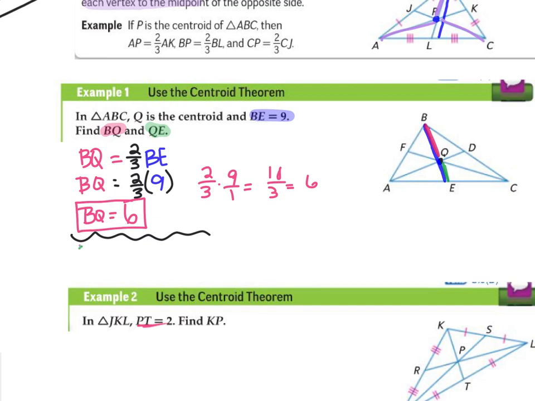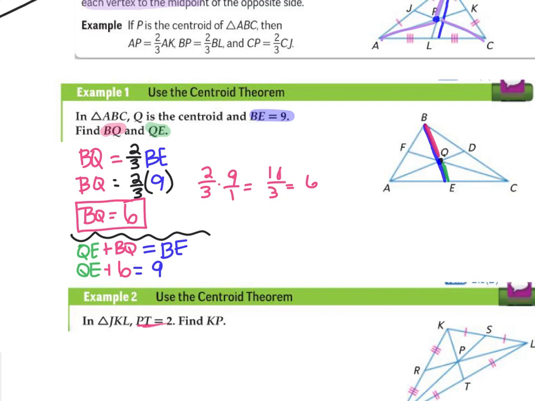QE, my green line that I'm solving for, plus BQ, which we just solved for, equals BE. So, let's substitute for what we know. QE is what we're solving for. We just determined that BQ is 6 and BE is still 9.